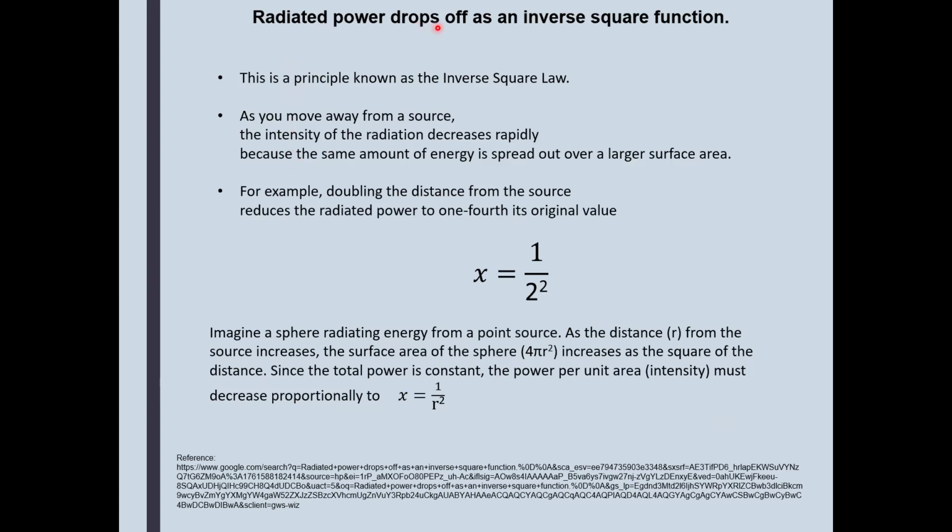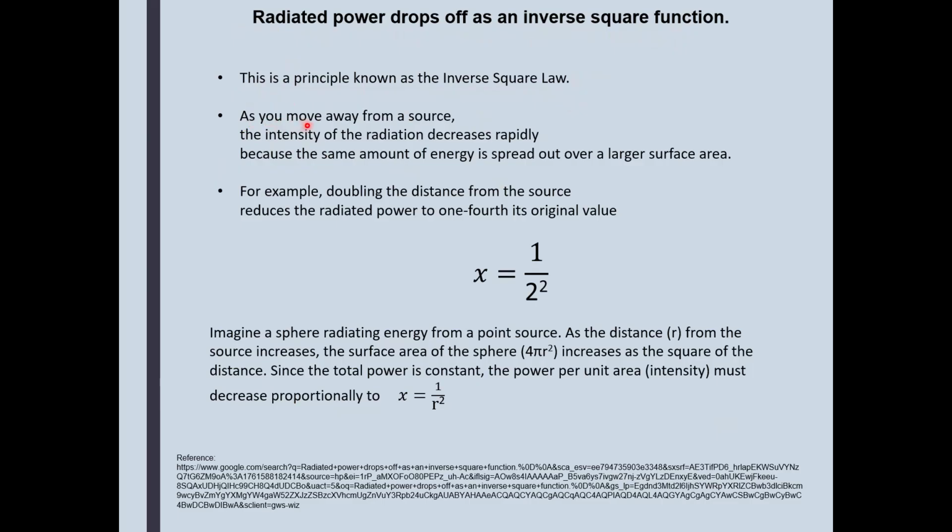Radiated power drops off as an inverse square function. This is a principle known as the inverse square law. I'm not going to branch off from that now, because that's going to take forever.